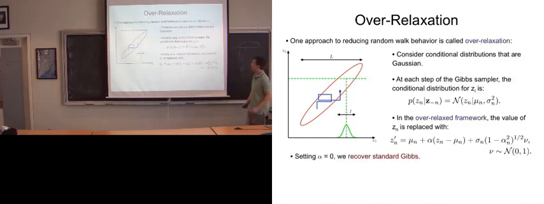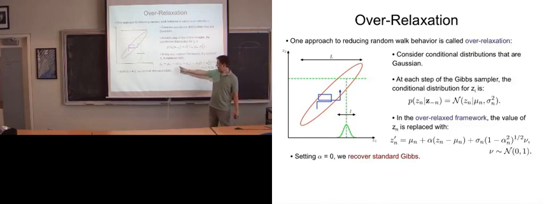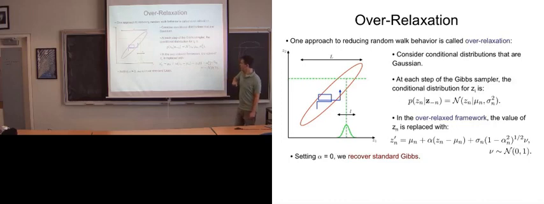For any alpha. Notice what happens here. If I set alpha to 0, this term disappears. This becomes 0. You're basically recovering the Gibbs operator. Right? It's the same. Mean is mu_n plus sigma_n nu, which is normal mu_n, sigma_n squared. That's the definition of the Gaussian. Right?